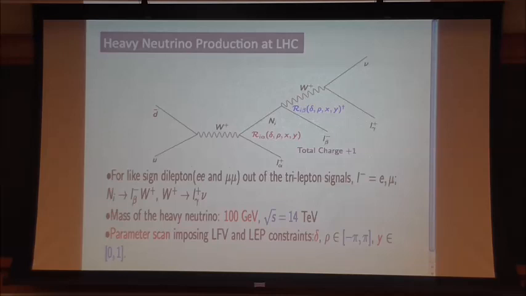And here the leptons are either electron and muon, because we have considered two generations of the heavy neutrinos, and these are the two degenerate heavy neutrinos. And to perform the parameter scan, we consider the heavy neutrino mass at 100 GeV, and we consider the collider energy at 14 GeV, and we run the parameter scan on the Dirac Majorana phases from minus pi to pi, and the unknown parameter y is run from 0 to 1.